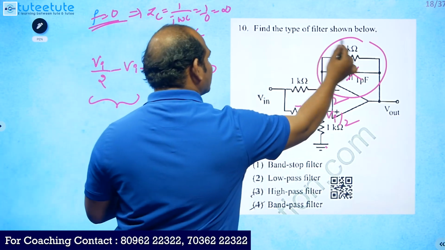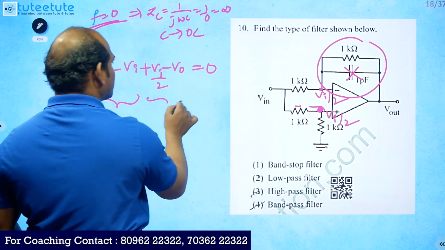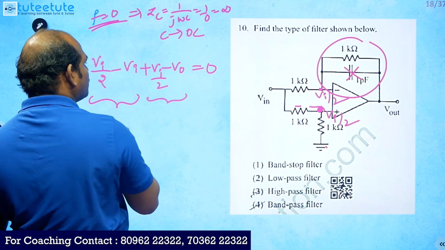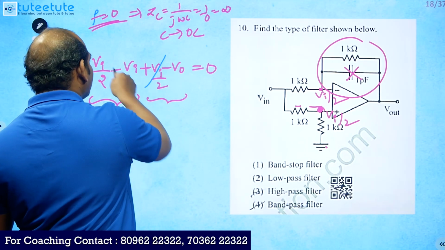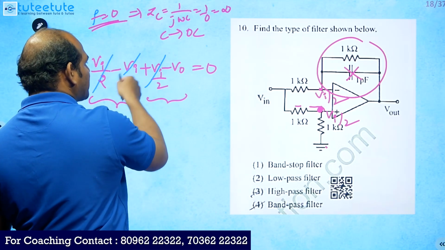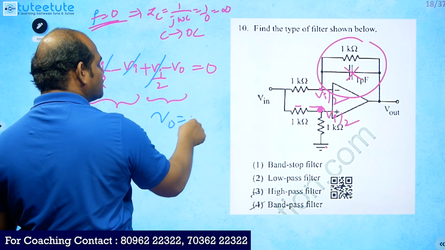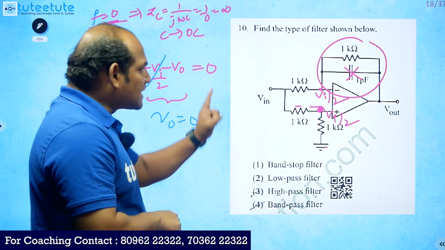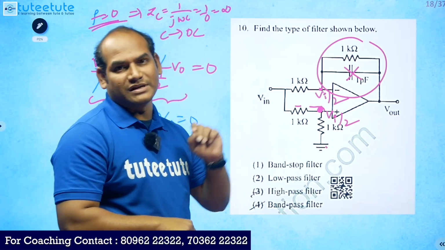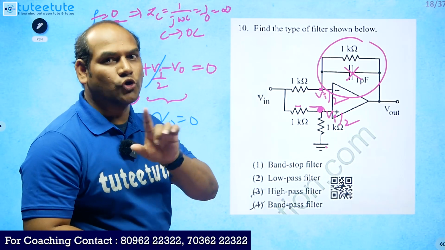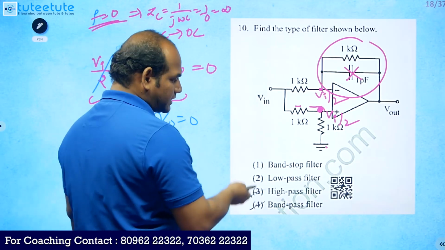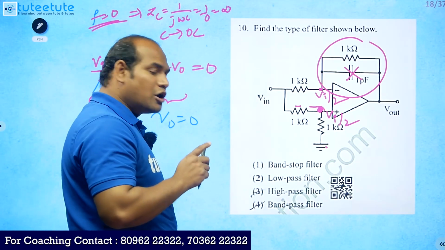Next, VI by 2 minus V0 by 1K is this part. Here VI by 2 is VI, and that VI is cancelled with this minus VI. So we will get output equal to 0. That is nothing but we are not getting output for the 0 frequency. That means it is not allowing low frequency, so it is not a low pass filter.